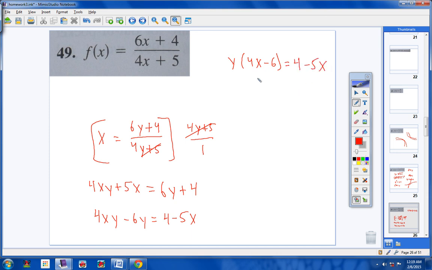Then divide both sides by this parentheses. So y equals 4 minus 5x divided by 4x minus 6. There's your inverse function. Not too difficult. Let's go ahead and type both of these in and see if we can get the graphs up here.